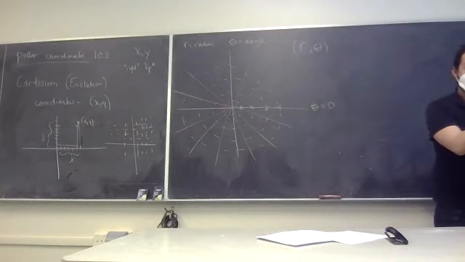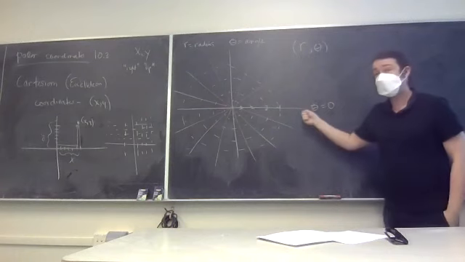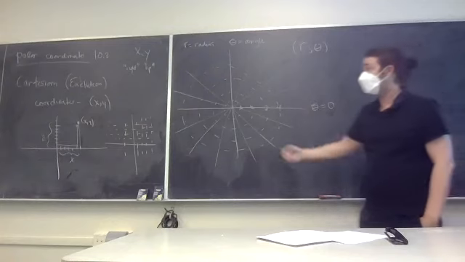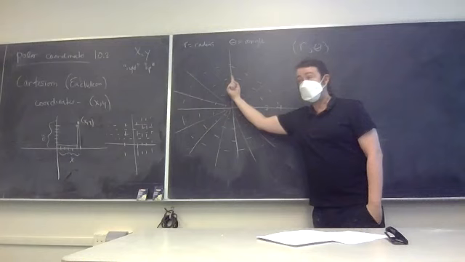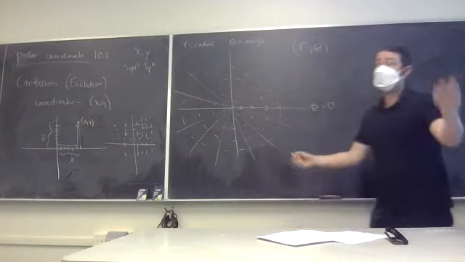For mathematicians, we measure angle from the positive x-axis and rotate counterclockwise. Mathematicians do. Physicists don't always do that. Engineers don't always do that. A lot of coordinate systems in the physical sciences start at the positive y-axis and rotate in either direction, depending on what your discipline happens to be.